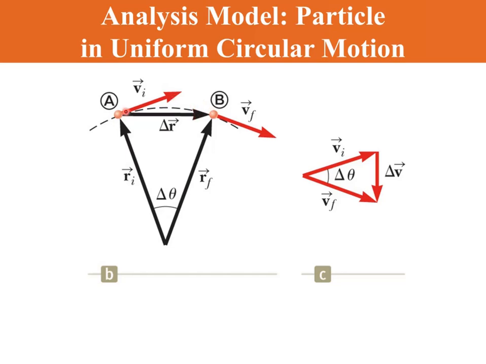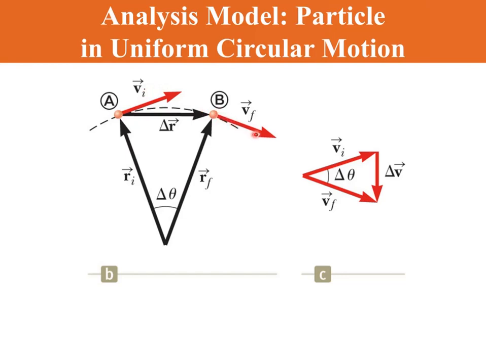At point A we have velocity vi, and as the car reaches point B, the magnitude of vf and vi is still the same, but the direction of vf is different.